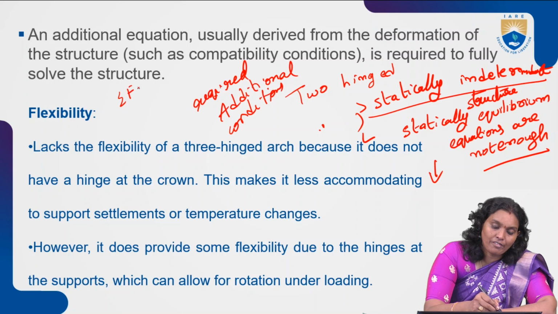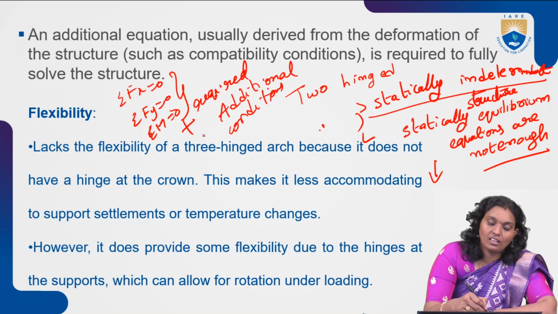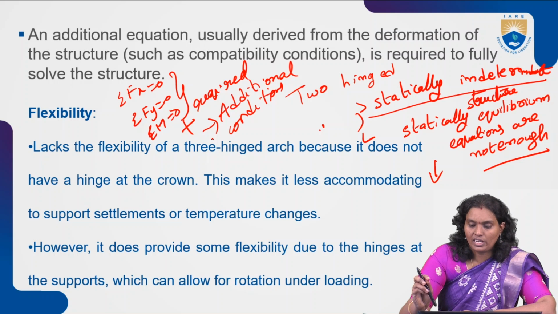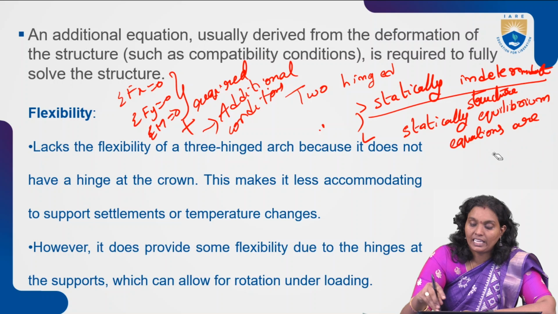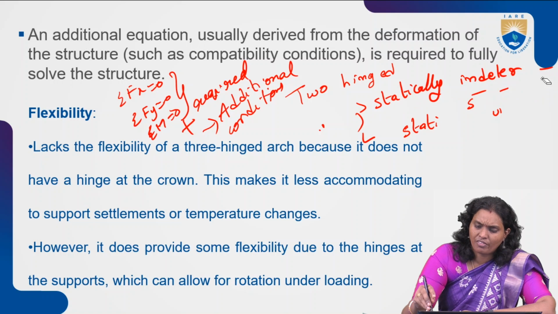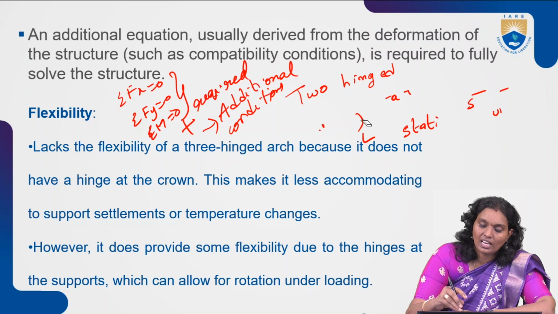So sigma Fx equal to 0, sigma Fy equal to 0, sigma M equal to 0 is not enough. It requires additional equations to know about the unknowns in this particular statically indeterminate structure. For example, the two-hinged arch is a statically indeterminate structure.